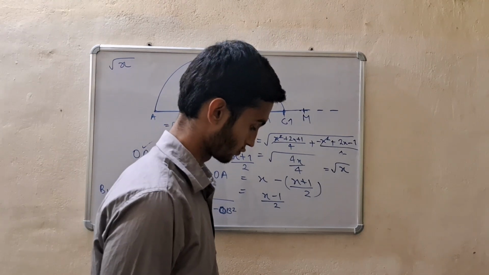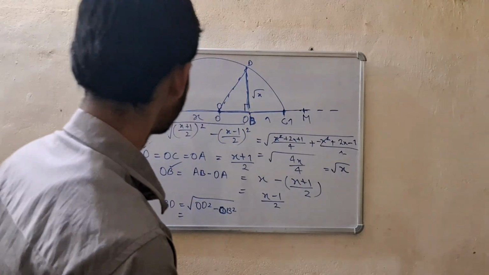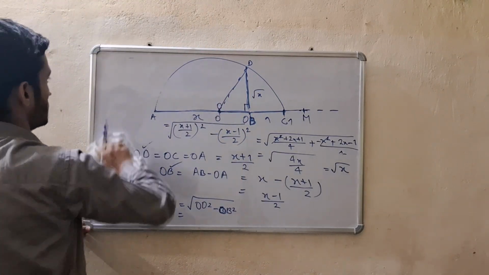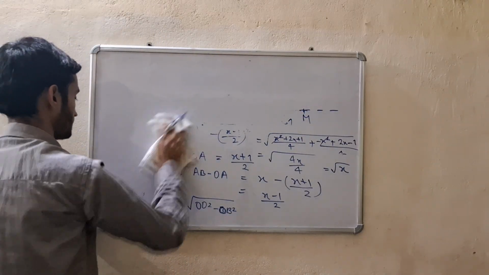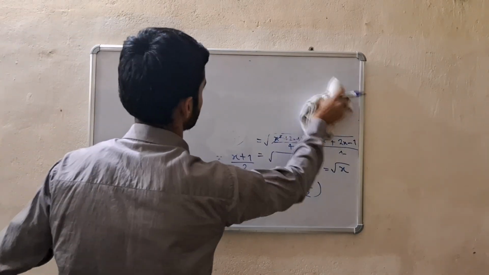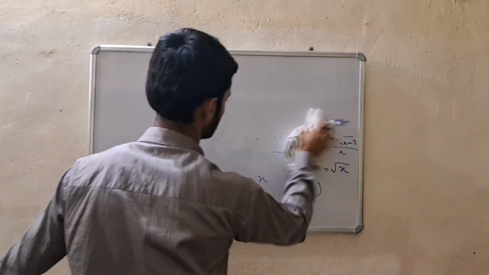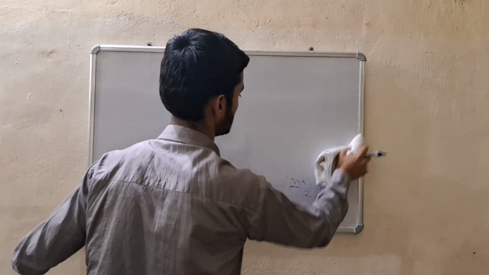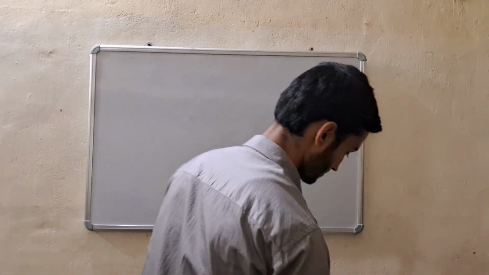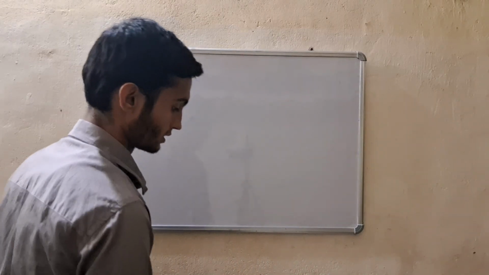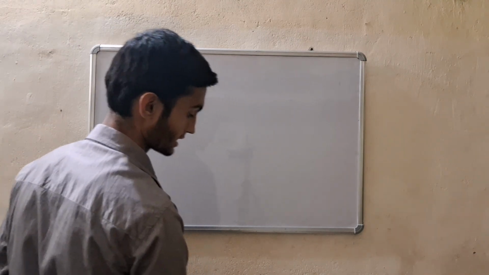Now let's solve some questions which follow after this section. The first question asks us to classify a bunch of numbers as rational and irrational.